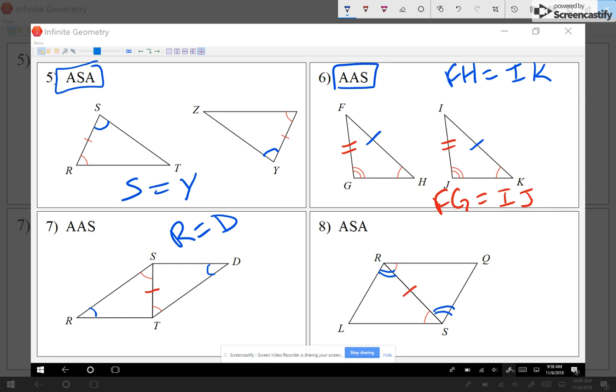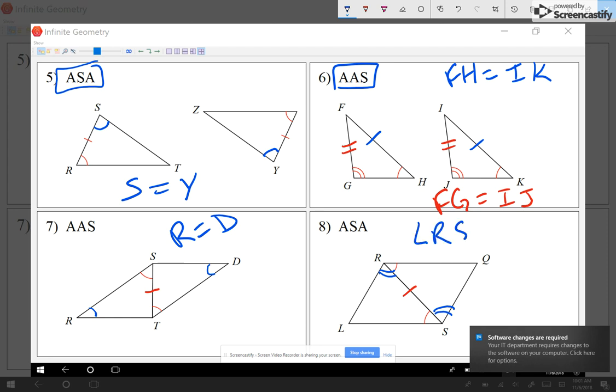Now, if I look at the corner R where I have my angle marked, there's multiple corners at R. So I cannot call it angle R. If I look at the R, L, and S triangle, I'm going to use the 3 letters, but make sure R is in the middle. So I'm going to call it LRS. Make sure R, because it's the vertex. The vertex is in the center.